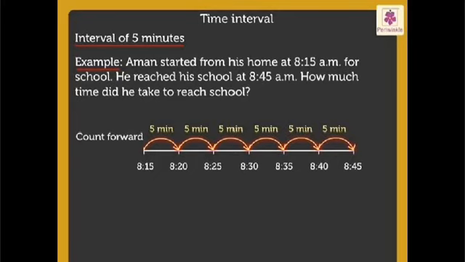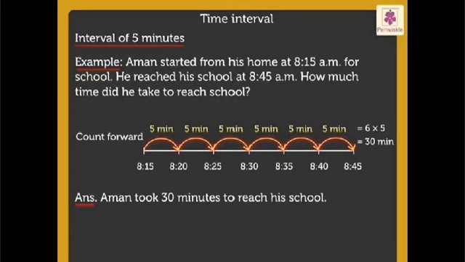Thus, we get an answer as 6 times 5 equals 30 minutes. So the answer is Aman took 30 minutes to reach his school.